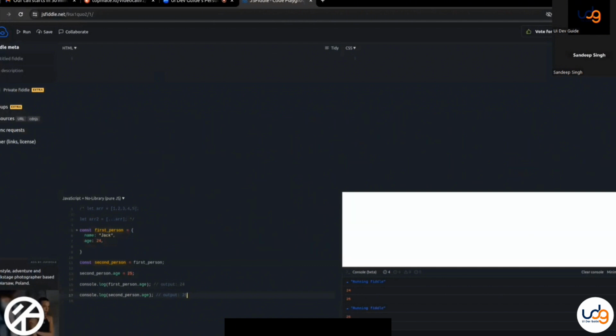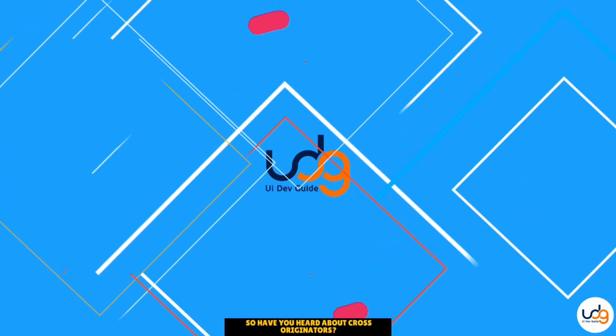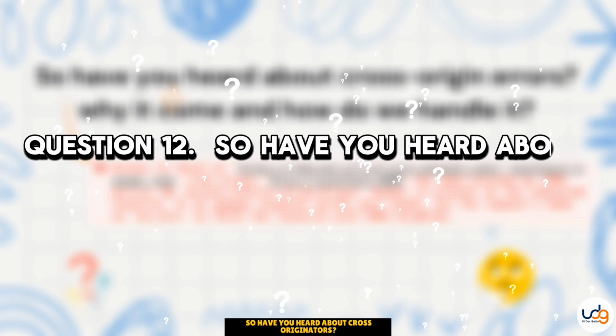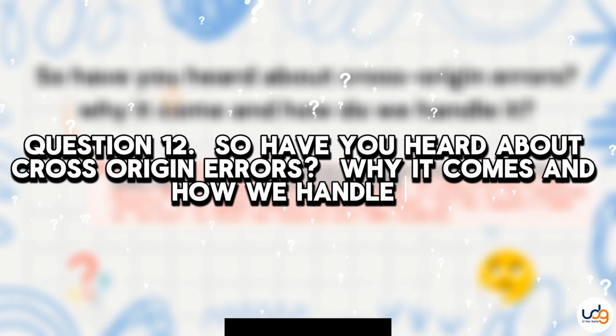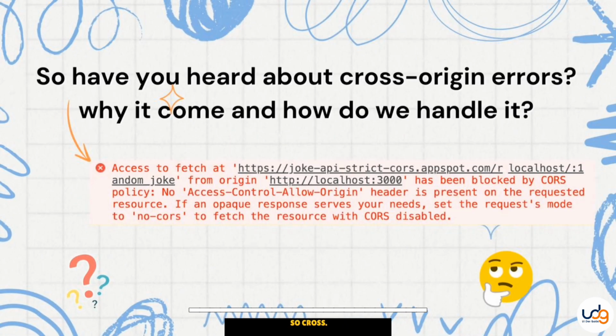Okay, have you heard about cross-origin errors? Yes. First of all, why does it come and how do we handle it? From the server side, we have to define which domains are allowed to make calls to that server.